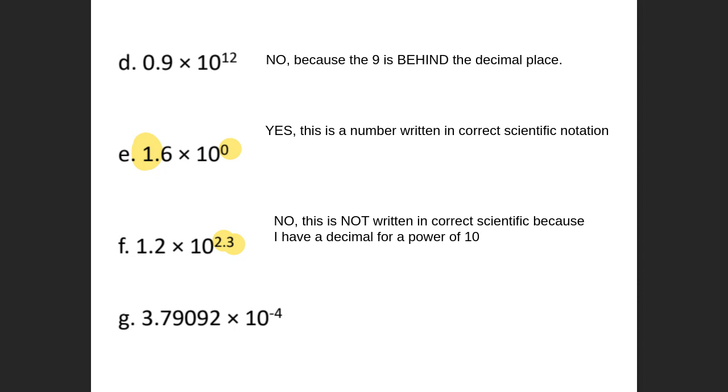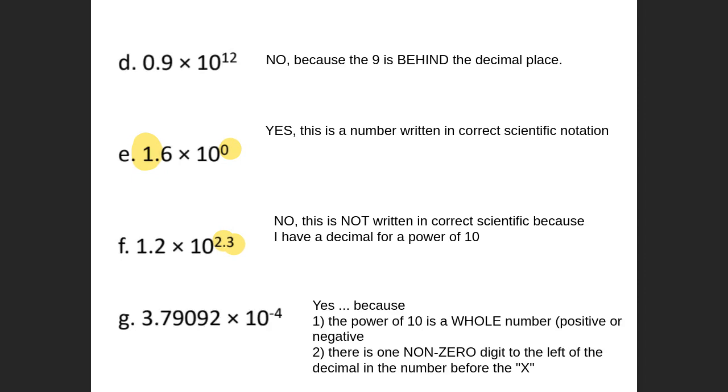And two, there is one non-zero digit to the left of the decimal in the number before the X. Those are the two things you have to watch out for. The power of 10 is a whole number. It can be positive or negative, and even 0 works because 0 is a whole number.